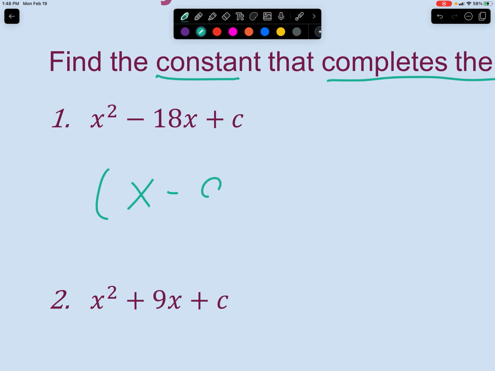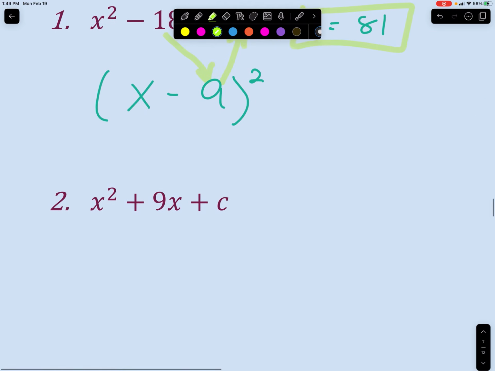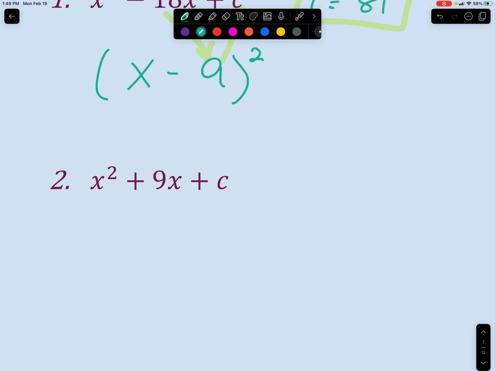Divide by 2, I get 9, and then square it, I get 81. Divide by 2, square, 81. Number 2. Divide by 2, that's just going to be 9/2.